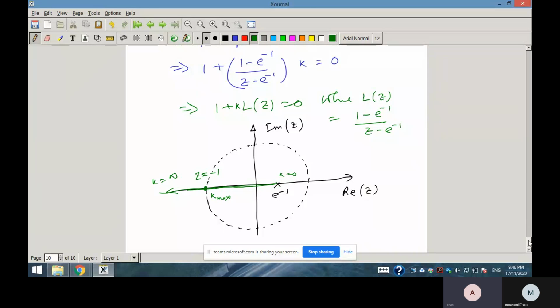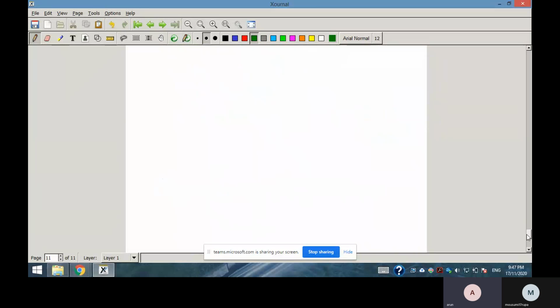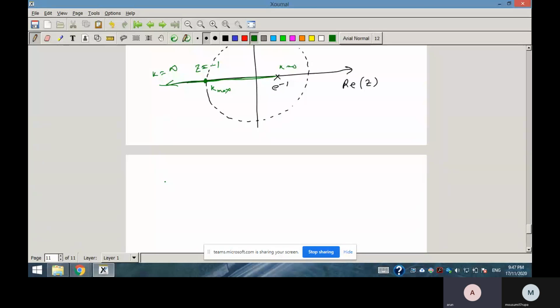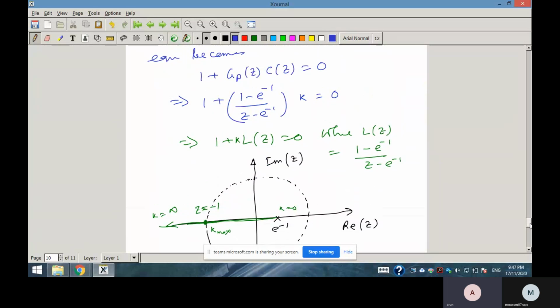What is K max? K max should satisfy, from the root locus, at minus 1, 1 plus K into L(Z) equal to 0.